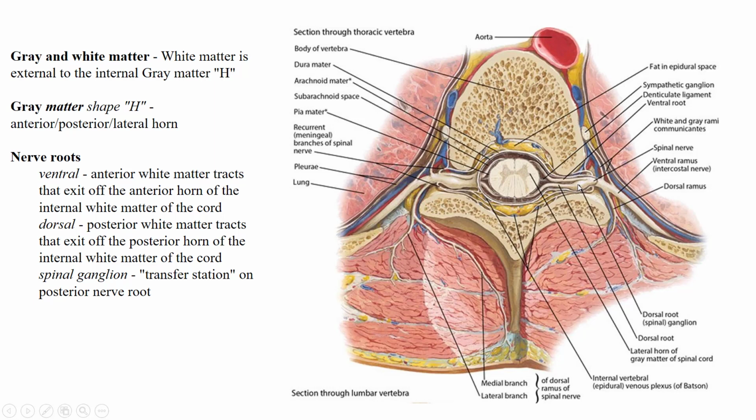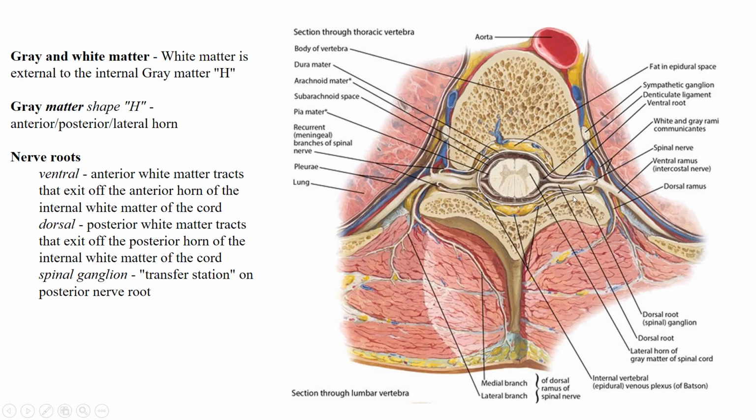And the dorsal root has a spinal ganglion, and that is specific to the dorsal root. So when you are looking at the two roots and you're wondering which one is which, if you see this bulge here, that is the spinal ganglion, which makes it the dorsal nerve root. So the spinal ganglion is on the dorsal nerve root, and these nerves go in and out of the intervertebral foramen.